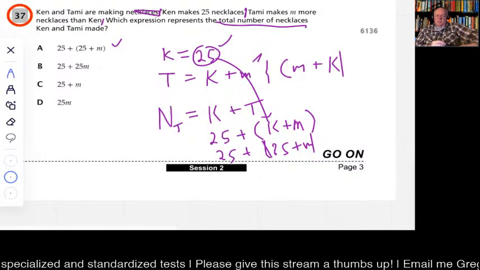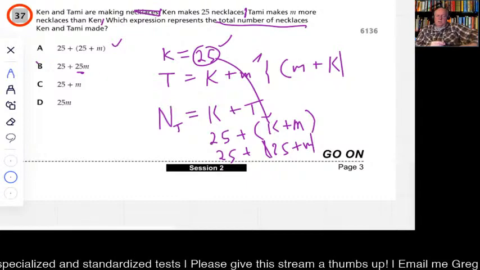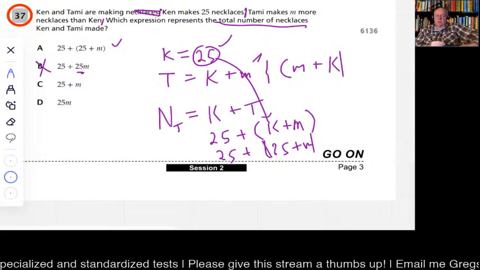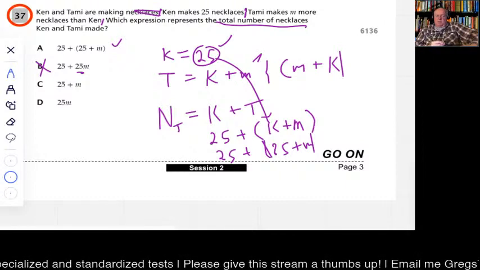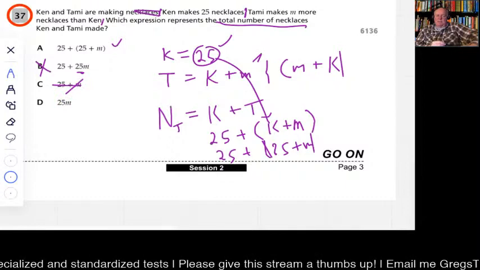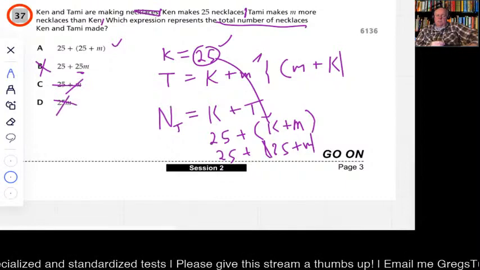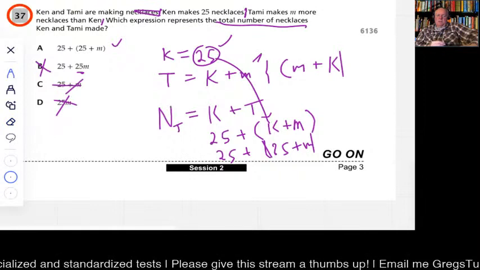Is it 25 plus 25 times M? No. No good. C is 25 plus M? No. 25 plus M is actually nobody's choice here. And D is 25 times M. No, that's no good. Right? So the answer here is choice A.